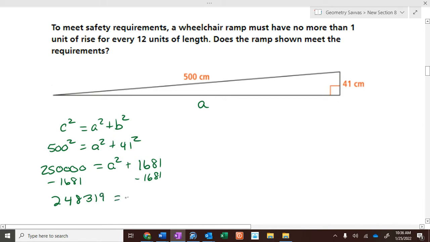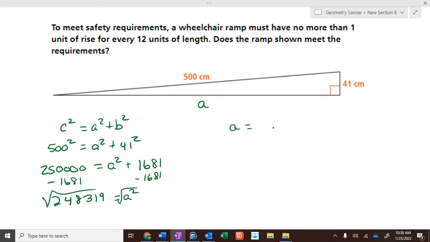Okay. No, that wasn't memorized from the other class. That was doing subtraction really fast in my head. So A equals, must be 498? The square root of 248,319.